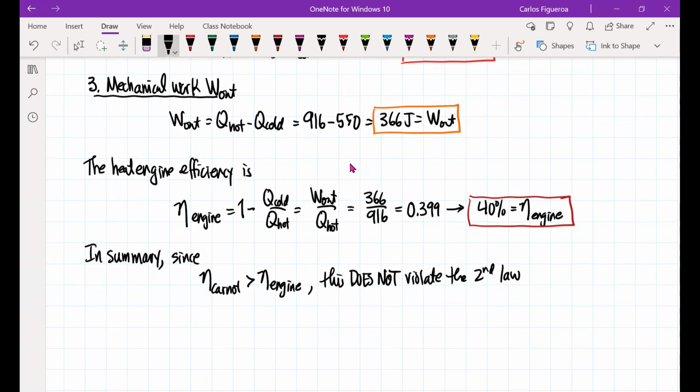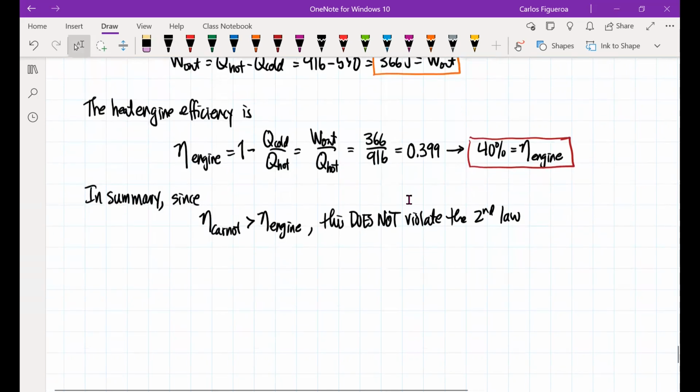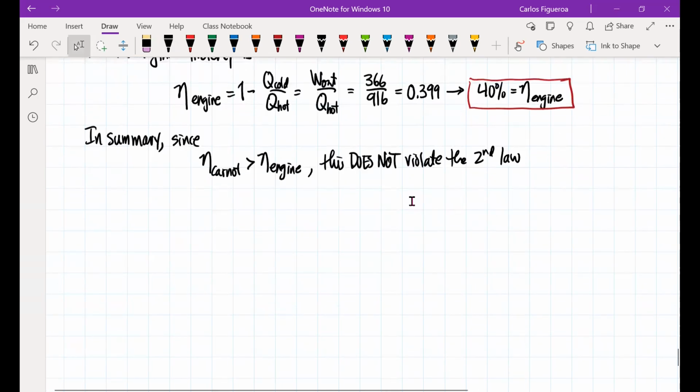And that means that at least through the second law, the engine can go. So now let's go draw my efficiencies here. 40% goes into work, and 60% is ejected into the cold reservoir. So let's look at that.